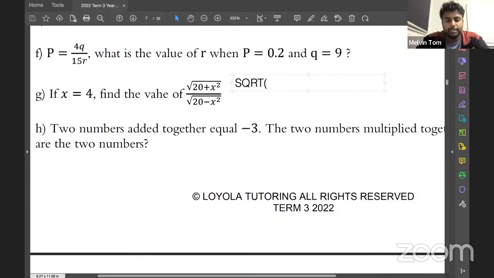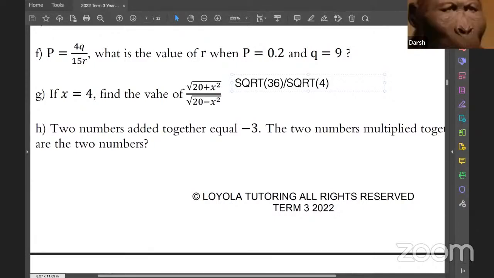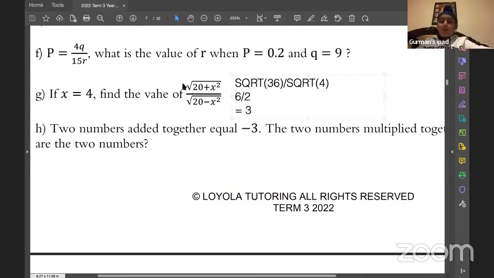So it's 20 plus 16, which is 36. And then the square root of what's 20 minus 16? 4. And what's the square root of 36? 6. Square root of 4? 2. 6 divided by 2? 3. Easy peasy, lemon squeezy.